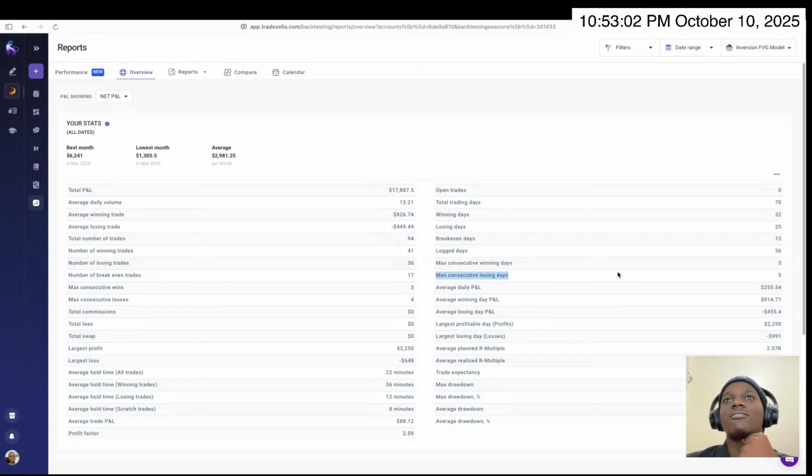Consecutive losing days, 5 losing days. Bro, this is insane. Lowest month was May, like a flat month. But yeah, the profits are looking good so far. So I'm gonna work on improving it slowly and see how it goes.